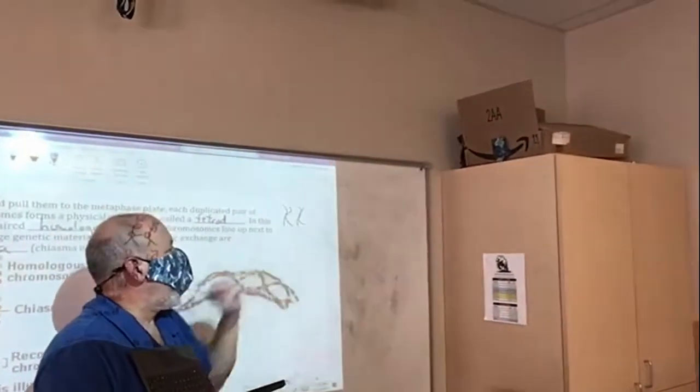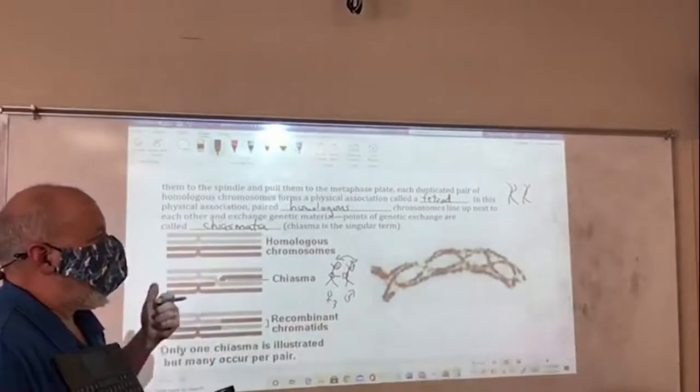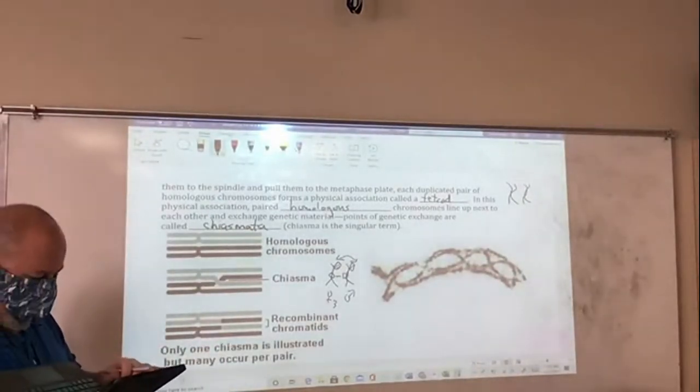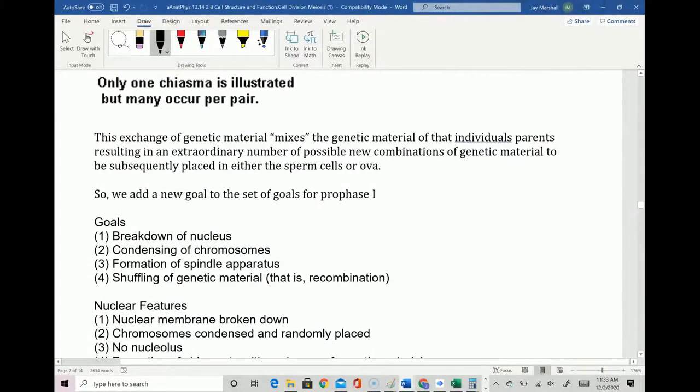It's entirely unique. A unique mixture of mom's and dad's genetic material. So, this exchange of genetic material mixes the genetic material of that individual's parents, resulting in an extraordinary number of possible new combinations of genetic material to be subsequently placed in sperm cells or ova.